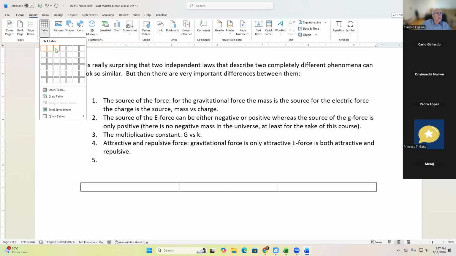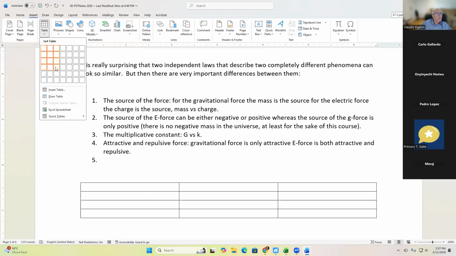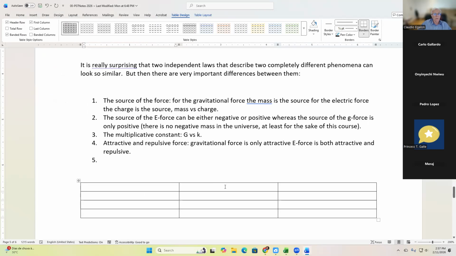Tables are very useful things. Okay, gravitational force. Type of force? Force. Gravitational. Electric. Okay. Let's see how we're gonna do that.